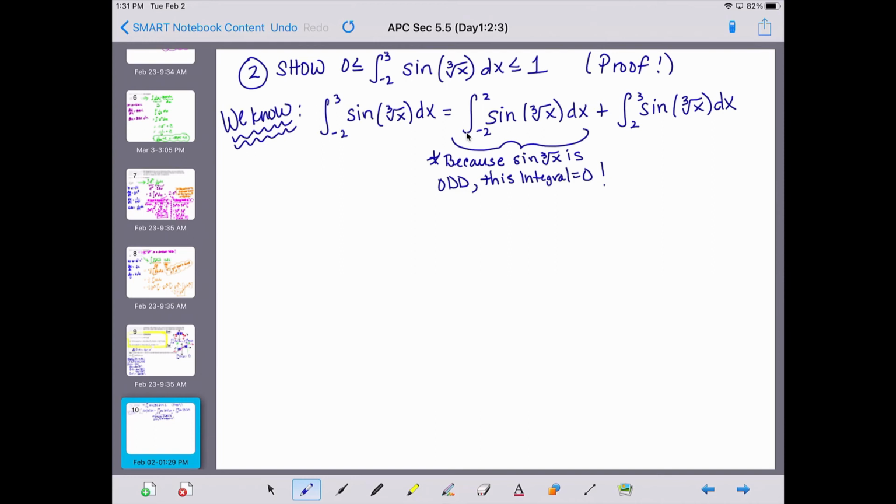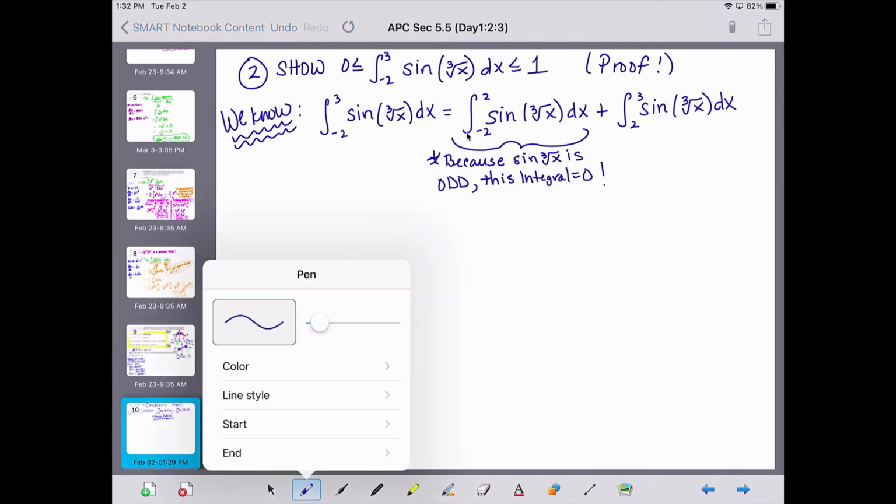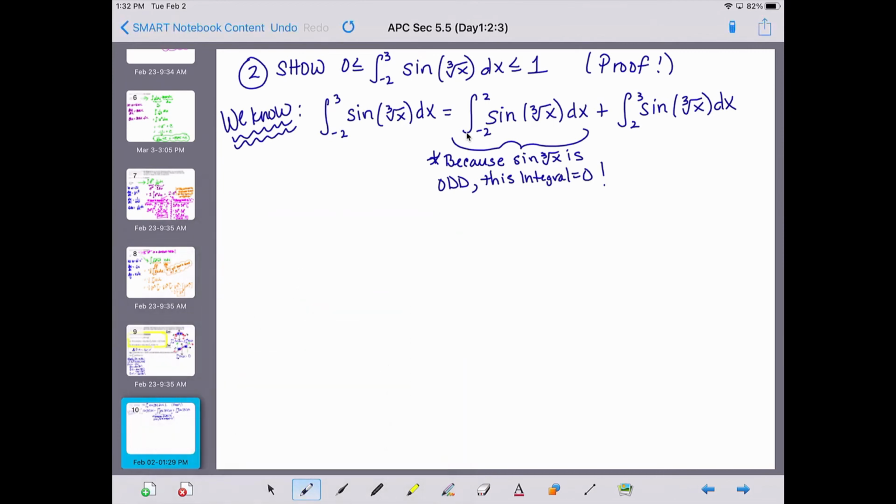So the other thing is, what about that integral from 2 to 3 of the sine of the cube root of x dx? Well, if you were to graph the sine of the cube root of x on your graphing paper and just look at it between x equals 2 and x equals 3 along the x-axis, I'm just going to make a tiny little sketch here.